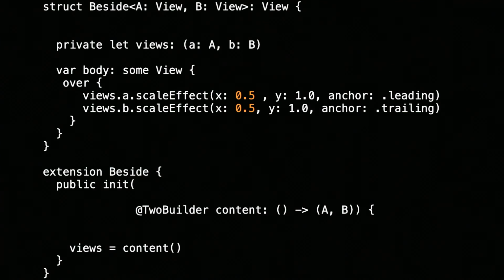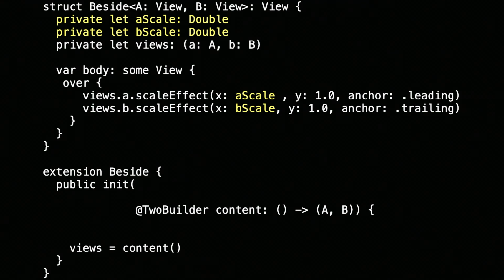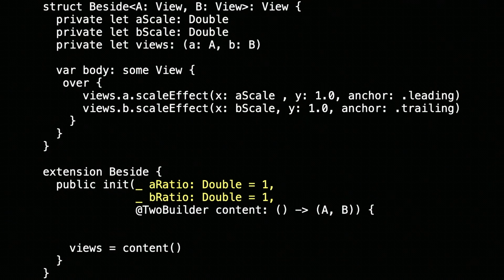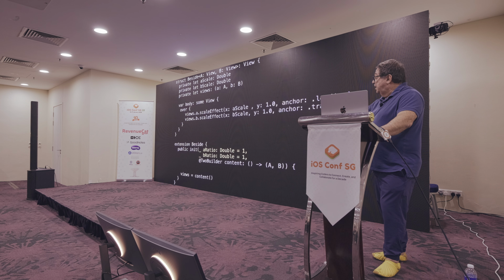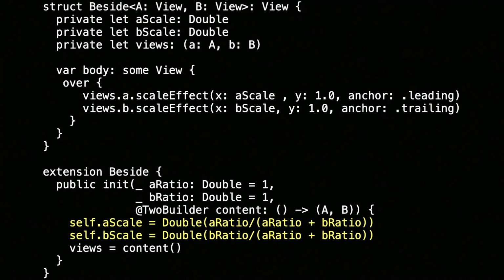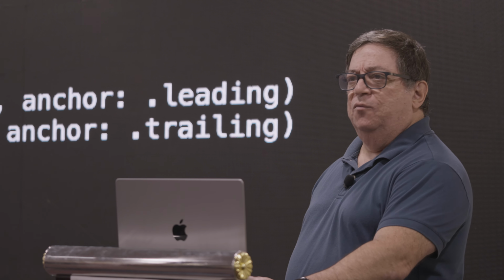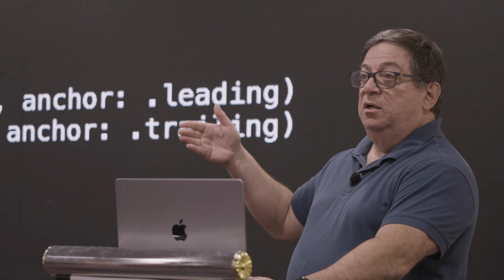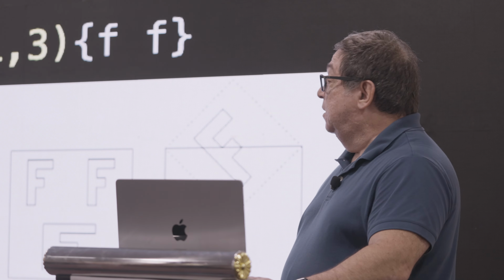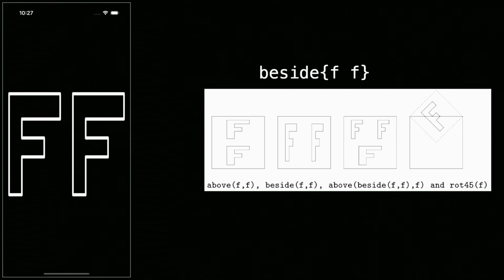And so instead of hard coding a half there, we have some sort of a scale, and we use that scale instead, and we calculate the scale by passing in the ratios 1 and 3, and do 1 over 1 plus 3, that's 1/4, and 3 over 1 plus 3, that's 3/4. And notice the defaults are 1, so if you don't put in any scale, it's a half. They're equal. And so that's how we get this picture, and this one still works.